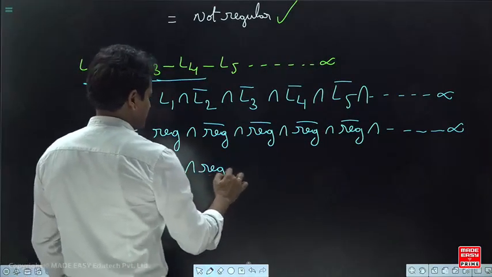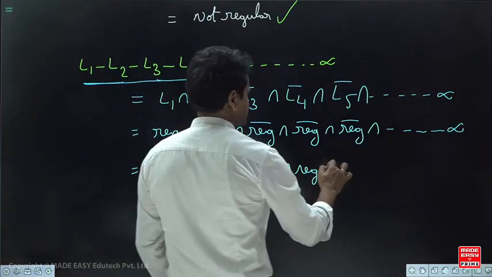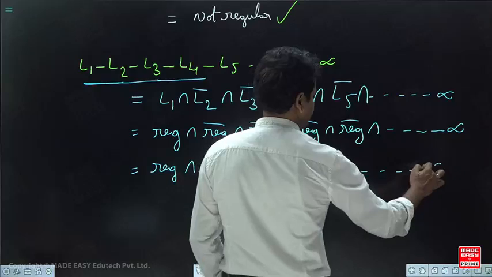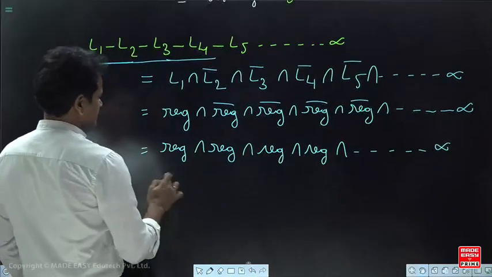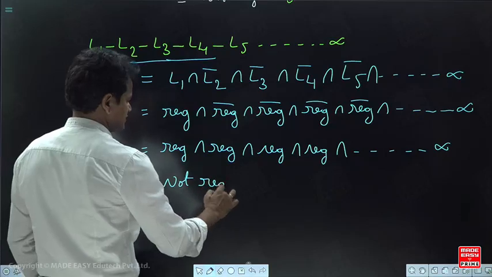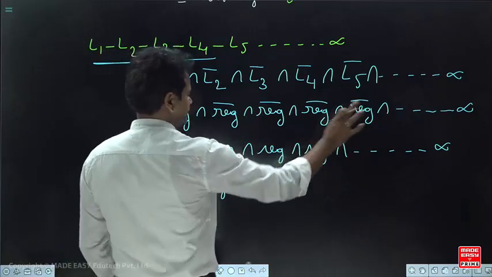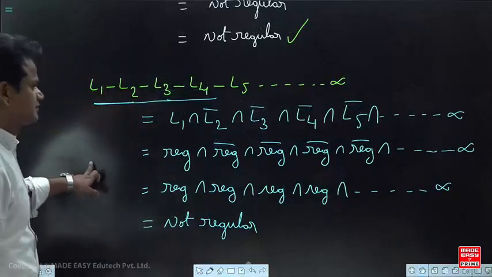Regular languages are not closed under infinite intersection. Just before this we have seen that regular intersection infinite is not regular. So set difference is not closed.